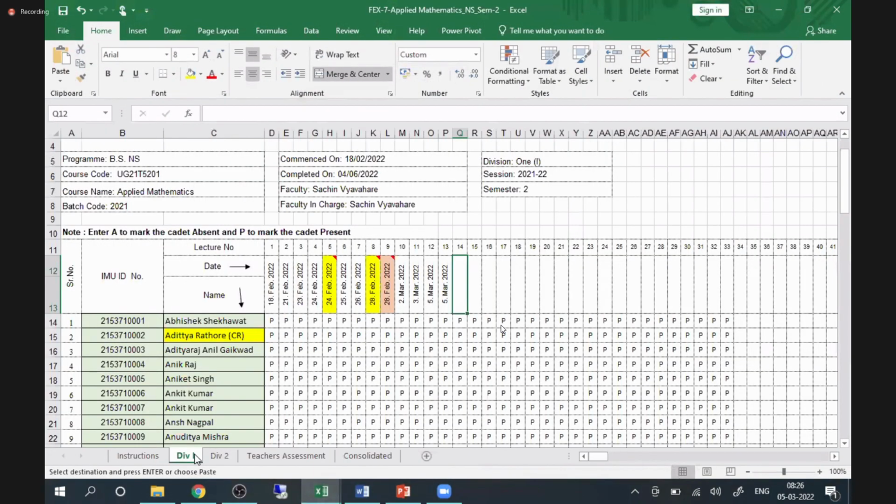CRs, both the CRs, any absentees right now? I'll check how many are connected. 70 are connected. Okay. What is today's date? Today's date is 5th March. D1, any absentee? So 1, 11.